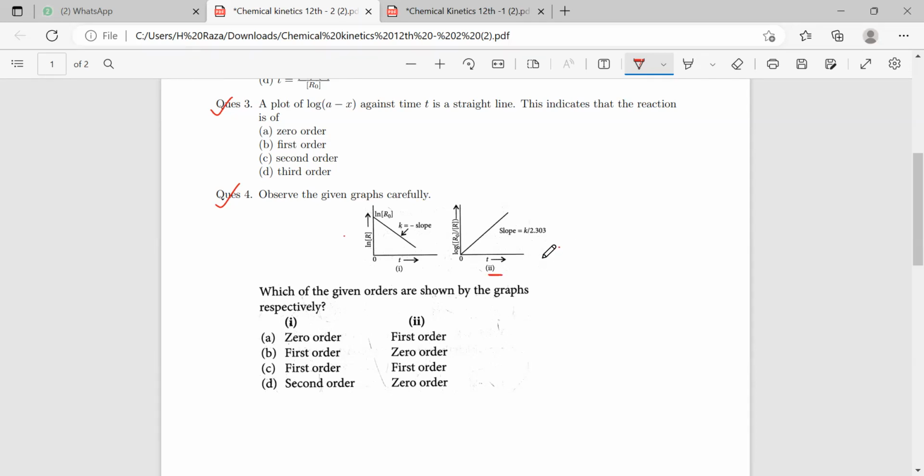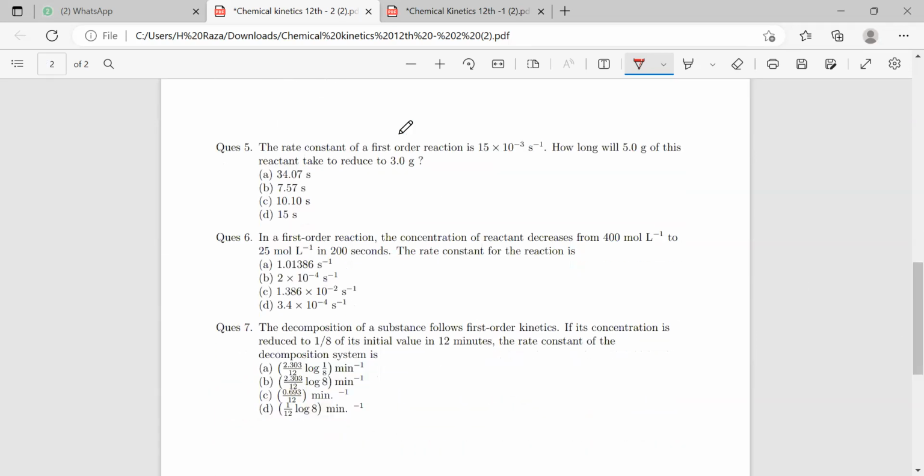Okay, sir. Wait a minute, please. Okay, you have written it correctly. Very good. Now do solve this. By applying the integrated rate equation according to their order of reaction, you can solve the fifth one or sixth one, both.